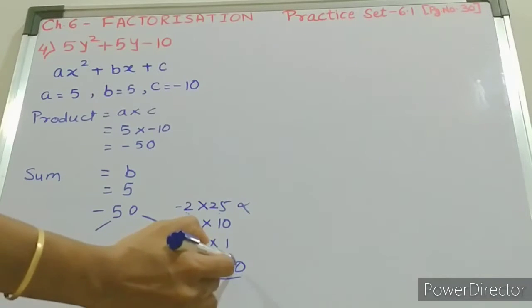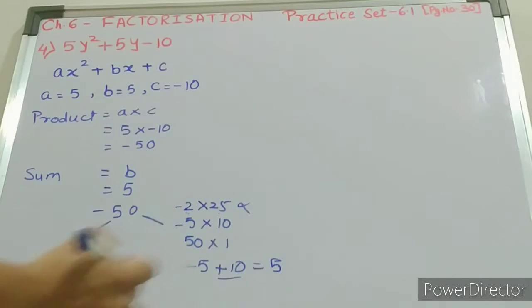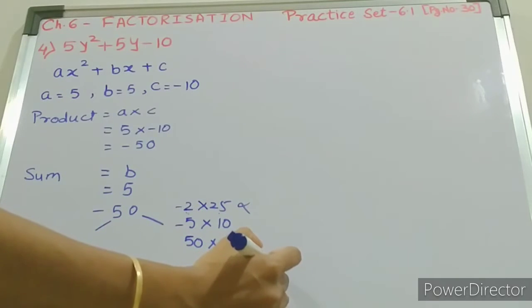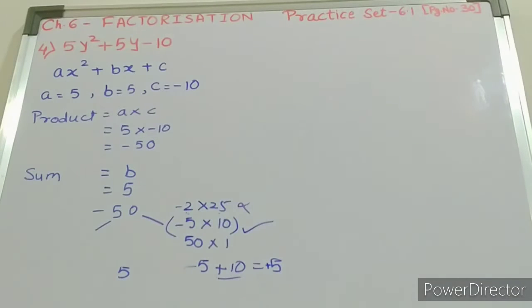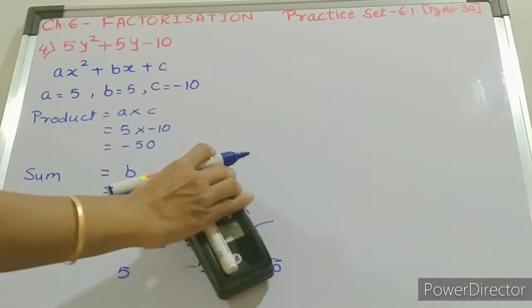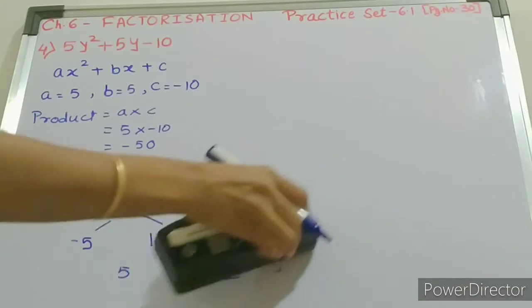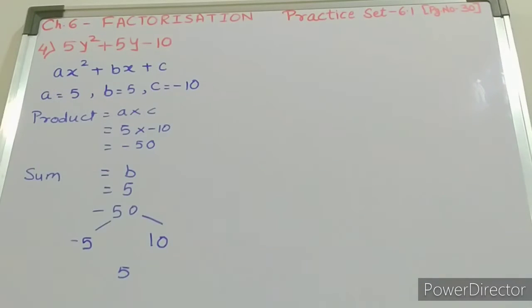Here the difference is 5, and the bigger number is 10, which has a positive sign, so plus 5. So this will fulfill my requirement. The factors are minus 5 and plus 10, because their product will be minus 50 and their sum will be plus 5.